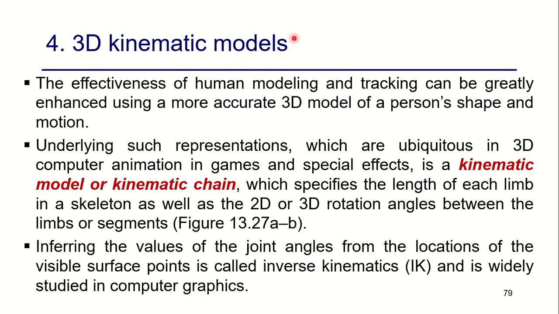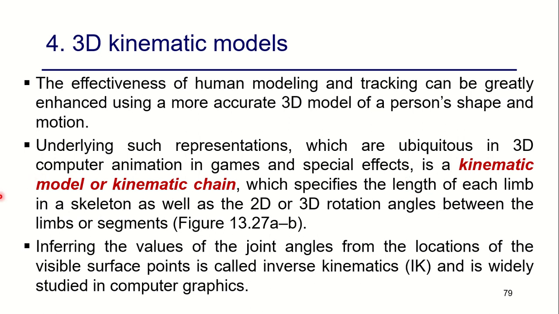3D kinematic models. The effectiveness of human modeling and tracking can be greatly enhanced using a more accurate 3D model of a person's shape and motion. Such representations are ubiquitous in 3D computer animation in games and special effects.